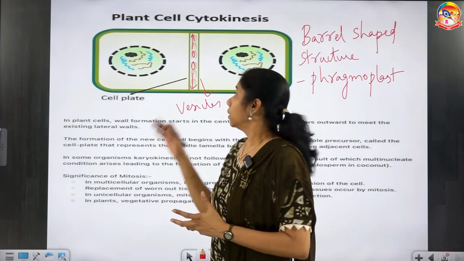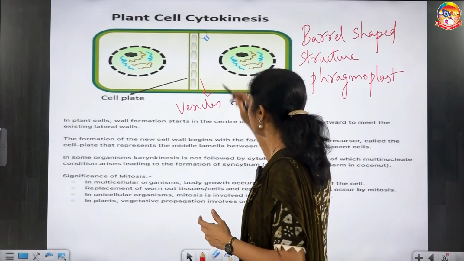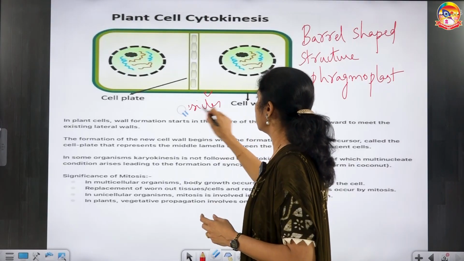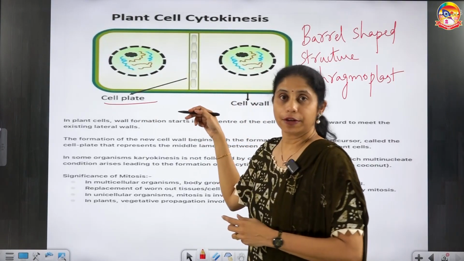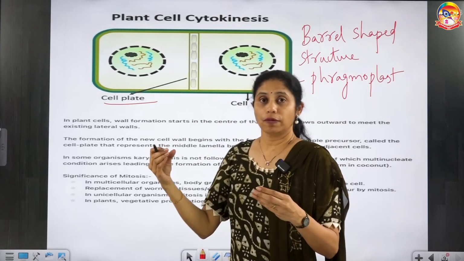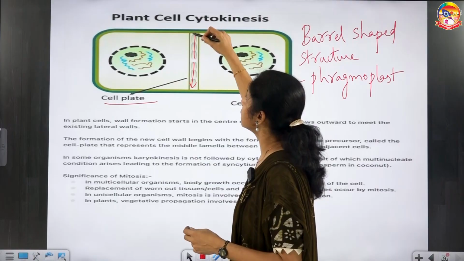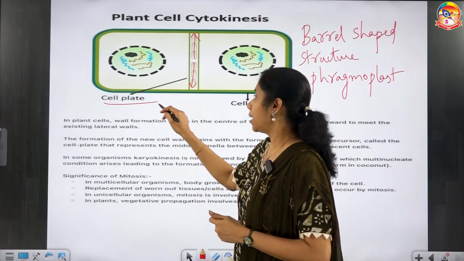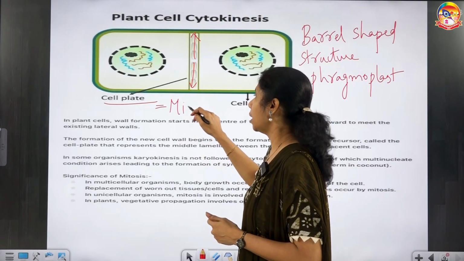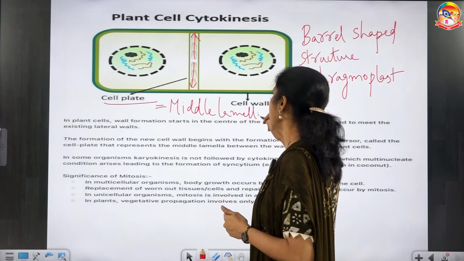After that, the phragmoplast will be fused together. Now it forms the cell plate. That phragmoplast, all of them will be fused, and it grows from the center towards the side and forms the cell plate. Cell plate represents the middle lamellum. It is a precursor for the middle lamellum of the cell wall.